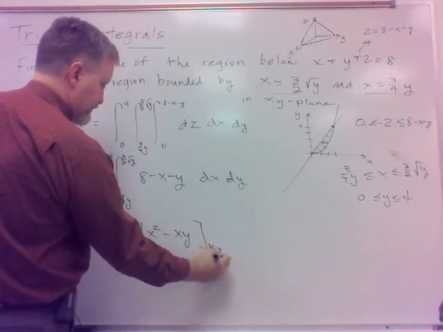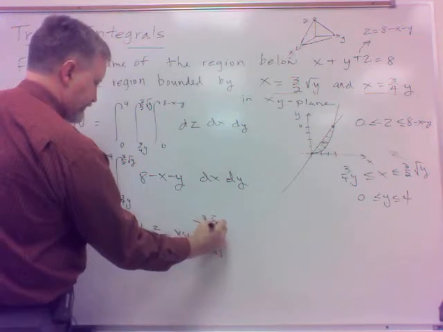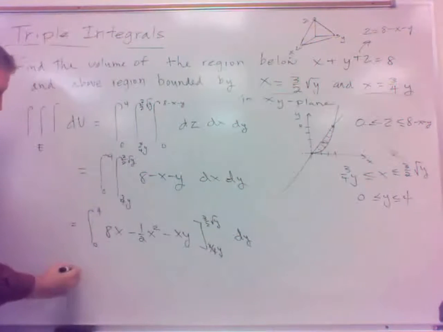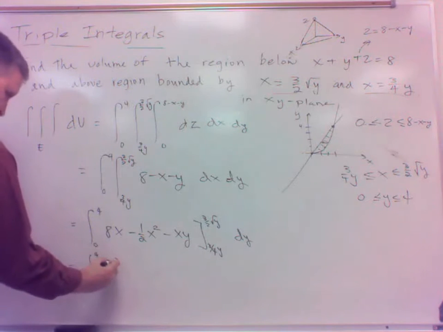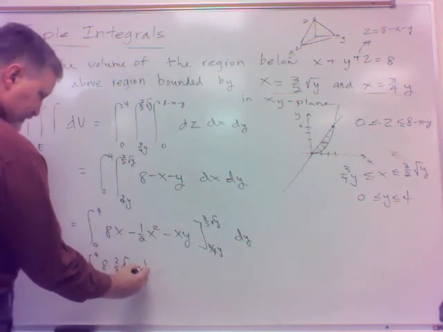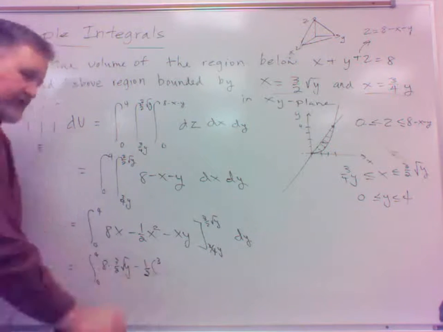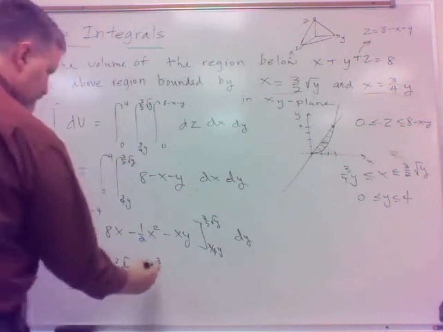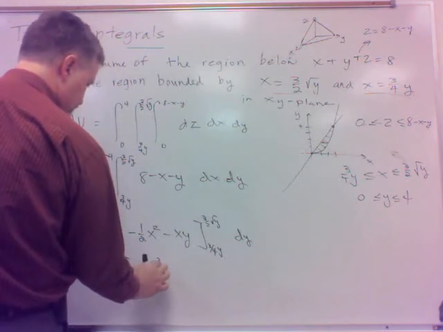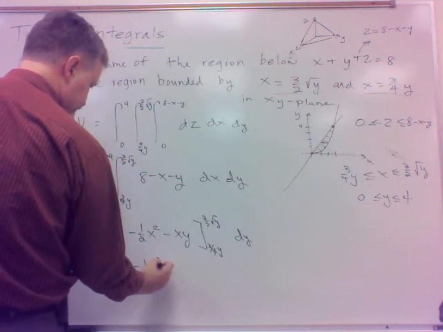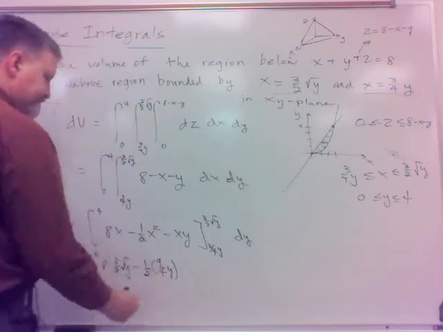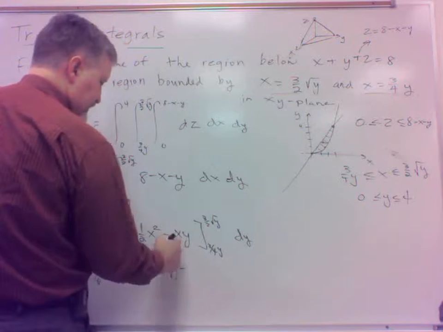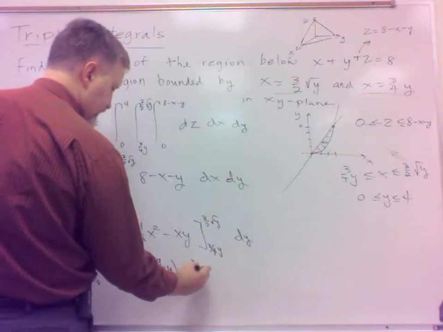And we'll do x from 3/4 y to 3/2 square root of y. So that would be 0 to 4, 8 times 3/2 square root of y minus 1/2 times 3/2 square root of y squared. So that would just be 9/4 y, over 2. And then minus 3/2 square root of y times y.